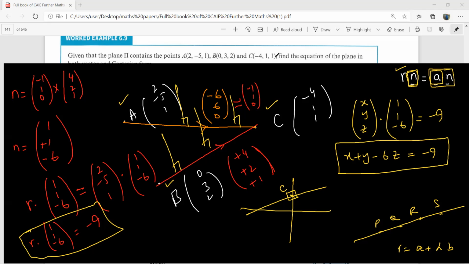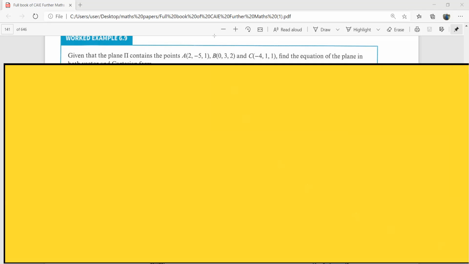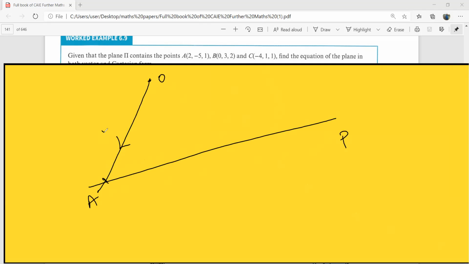Right now you need to remember, just try to register in your brains, that I'm going to write this again. If you have a plane here, this is your A, this is your P, here is the origin, this is your OA, and this is your OR. So this AP is going to be R minus A, and here is that normal.